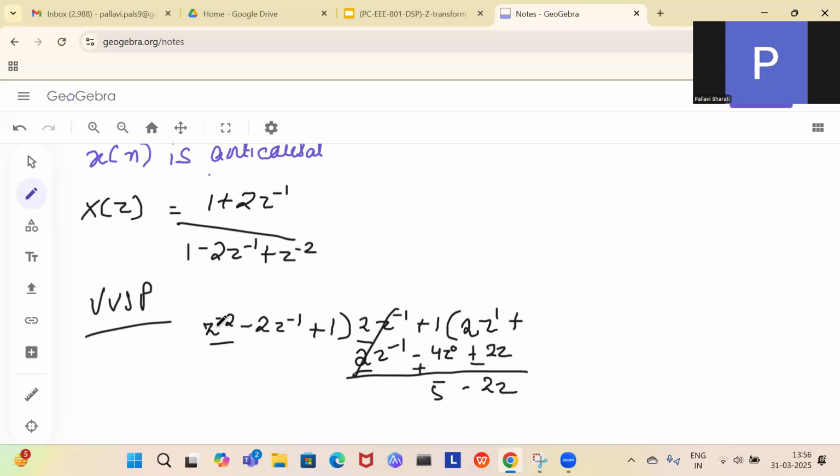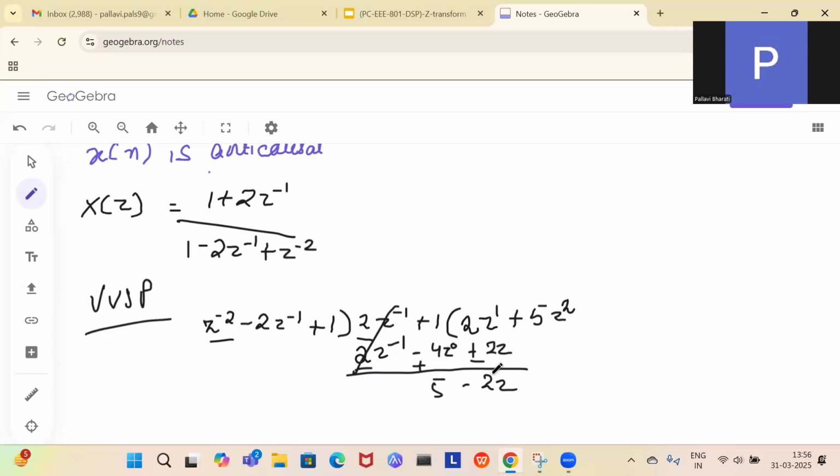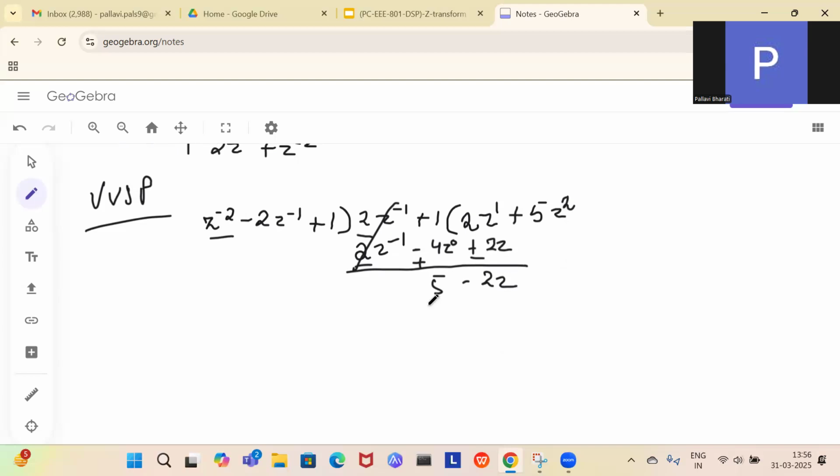Now you want to get 5 over here. So what do you need to multiply over here? 5z to the power, how much? So you need to multiply with 2. So minus 2 plus 2 will give you 0. So 5 into z to the power 4 will give you 5. And then again multiply: minus 10z to the power 1 plus 5z squared.